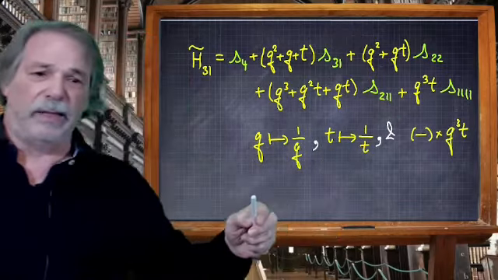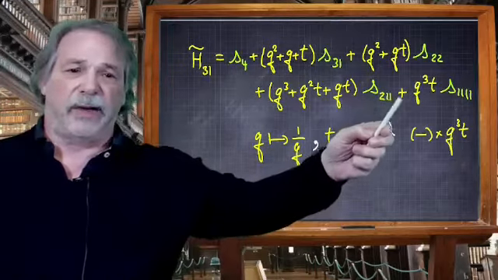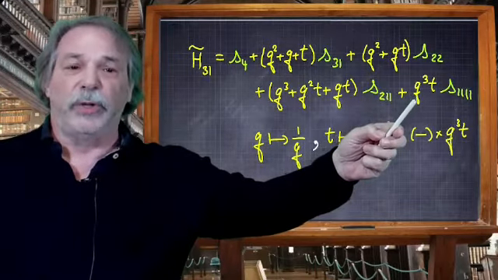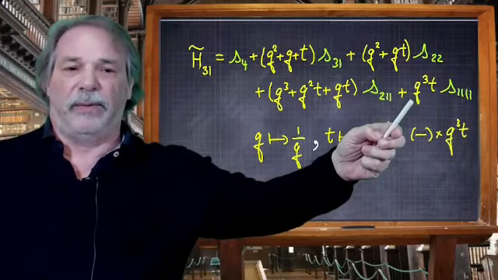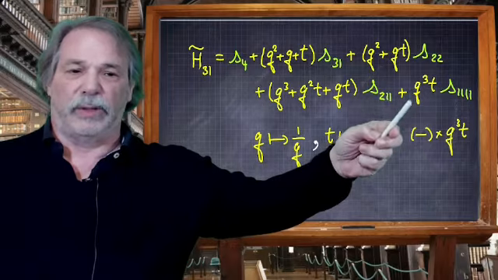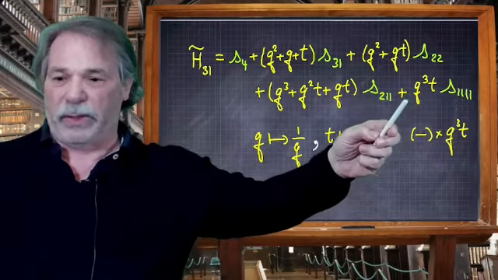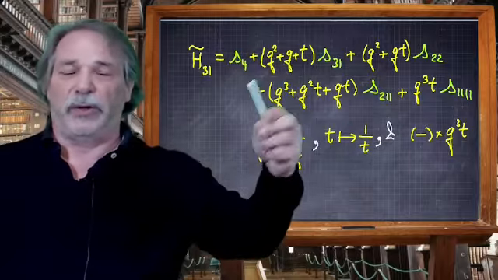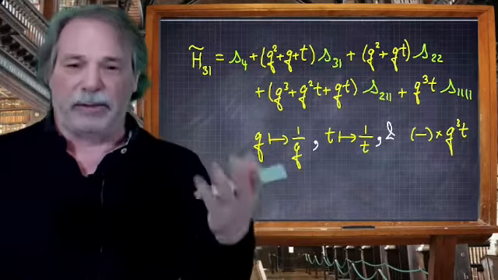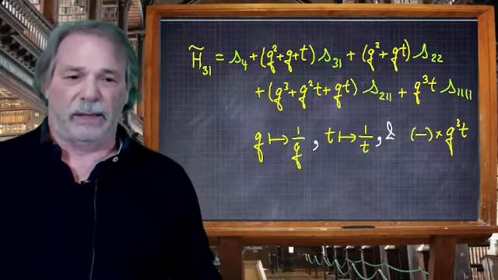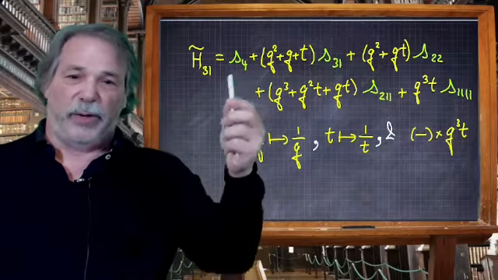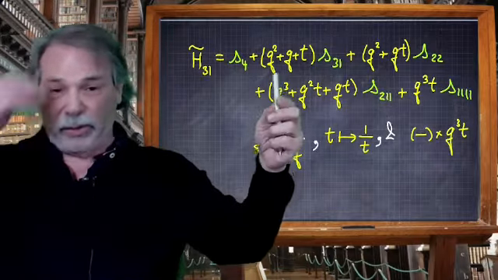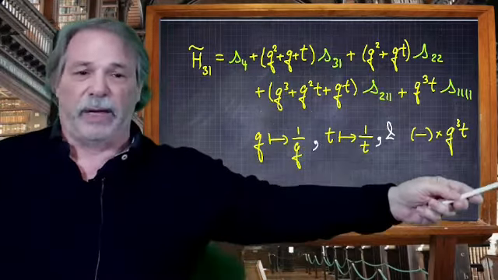And this final one would be 1 over q cubed t, when you replace both of the parameters by 1 over themselves. Now, to make this turn back into a polynomial, correct from the point of view of having polynomial coefficients, you multiply everything by q cubed t.